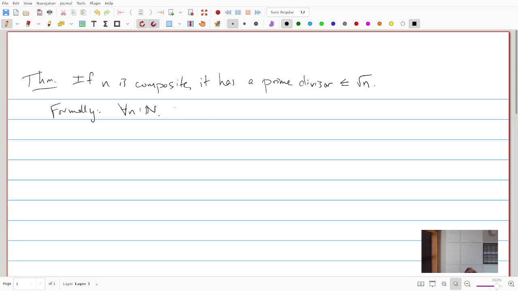I won't write out a formal definition of composite, but we'll say we have some predicate that says if n is composite, then it has a prime divisor less than or equal to the square root of n. That part says some number exists, so this is an exists statement: there exists some number D which is a prime divisor of n.